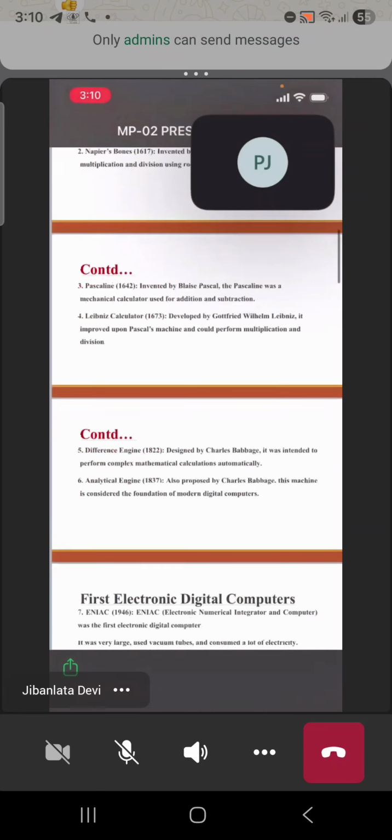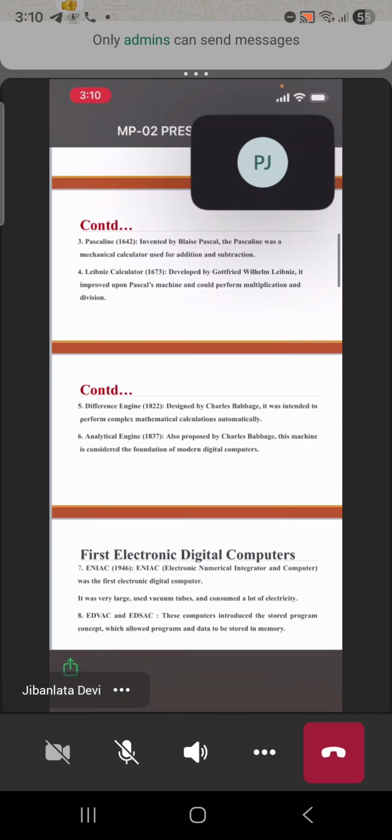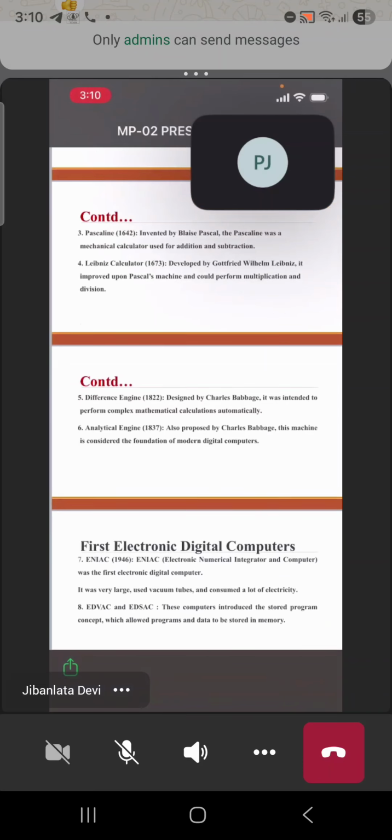After the abacus, next is the Pascaline. In 1642, Pascal invented the Pascaline, a mechanical calculator used for addition and subtraction. Then the Leibniz calculator in 1673, developed by Gottfried Wilhelm Leibniz, improved upon Pascal's machine and could perform multiplication as well as division.